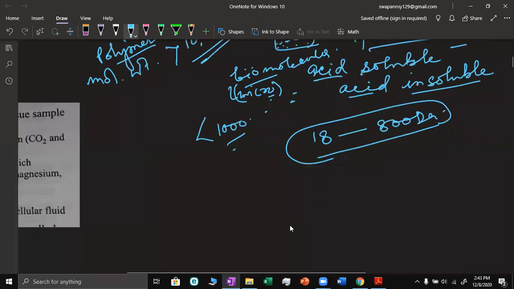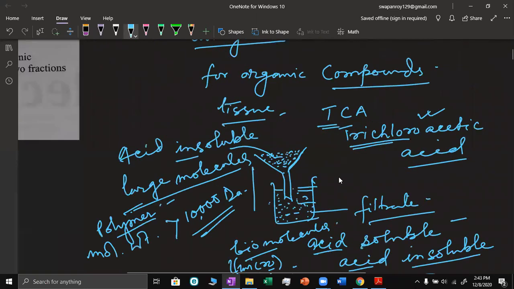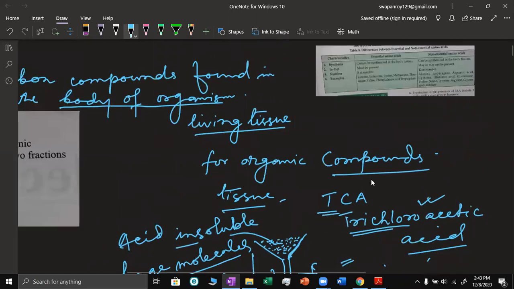This way the organic compounds are investigated, isolated, and tested, including their percentage, whatever we have to do.